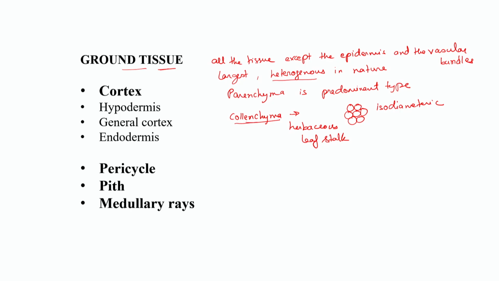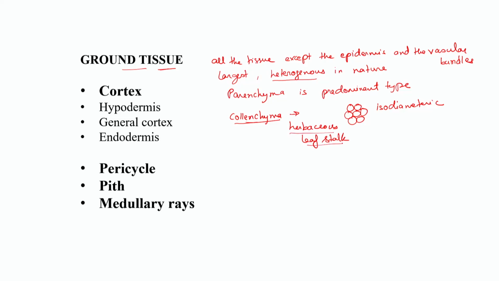However, they have thickened cell wall, and the thickening also varies, like on the sides they are more thickened, or many other various types of thickening could also be there. So it is found in growing tissue and elongating tissue because it provides mechanical support. Those tissues which are growing and rapidly elongating need support, but they also want to maintain their living nature. So in that sense, collenchyma is present.